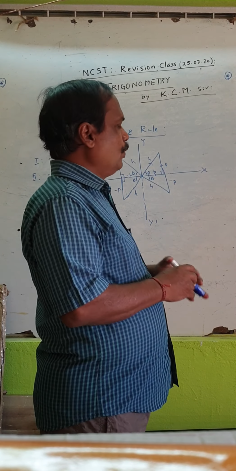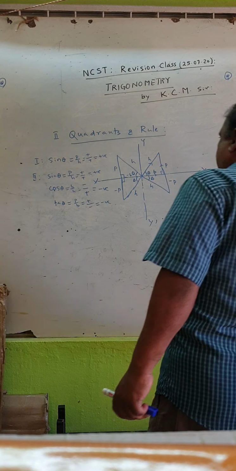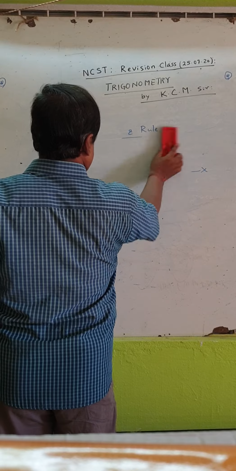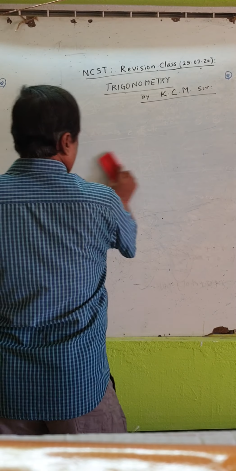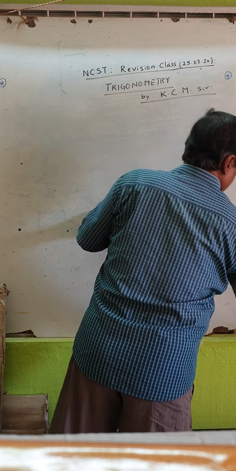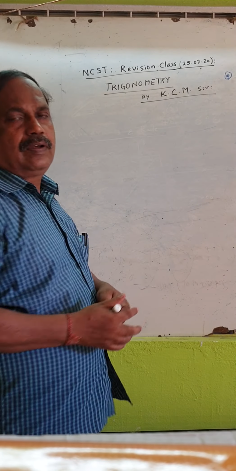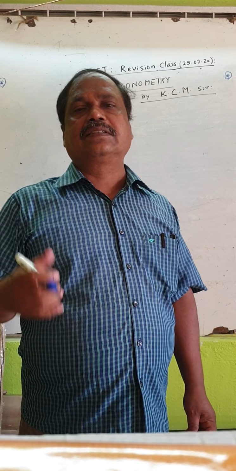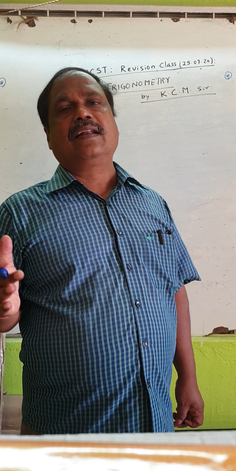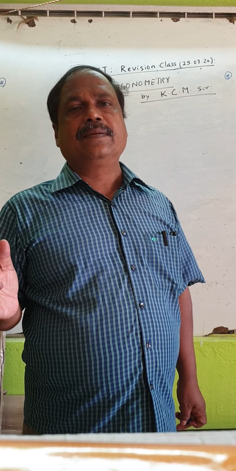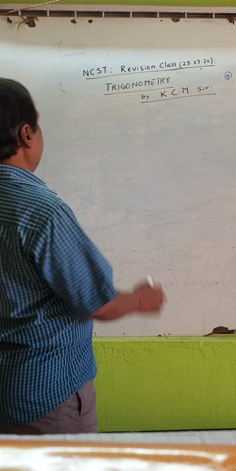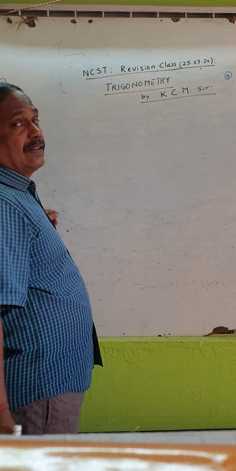Now come to the values. Let us take some values. For a greater angle, whether it is positive or negative, you can determine by applying the quadrant rule, where the angle lies.